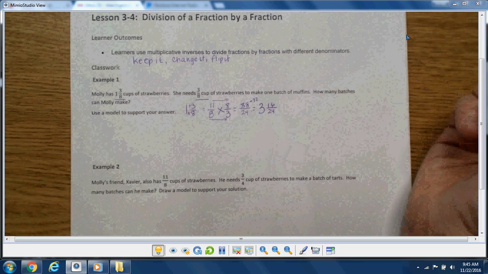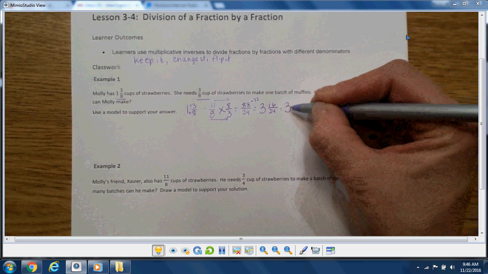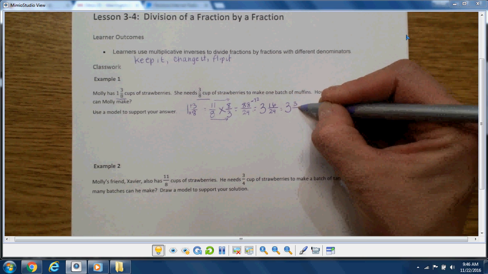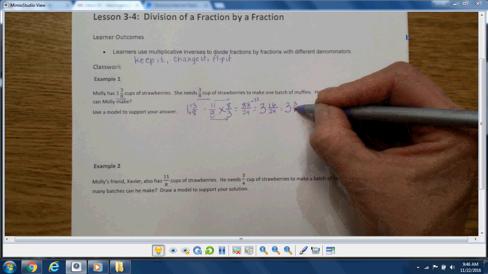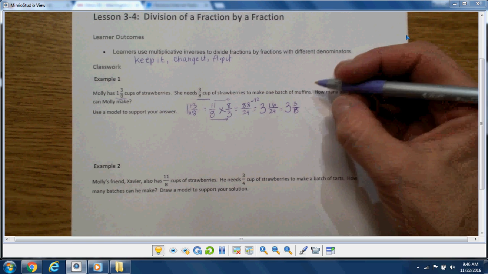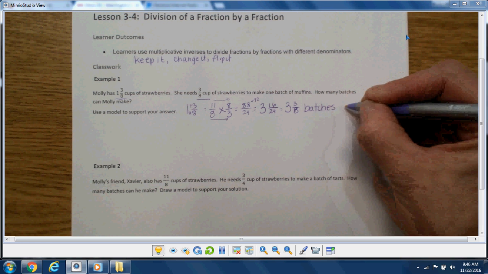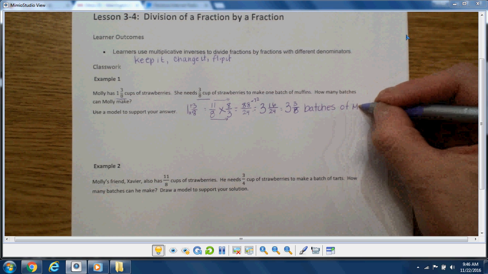That's not simplified yet. Those both can be divided by 8, and you end up getting 2/3. So you can make 3 2/3 batches of muffins.